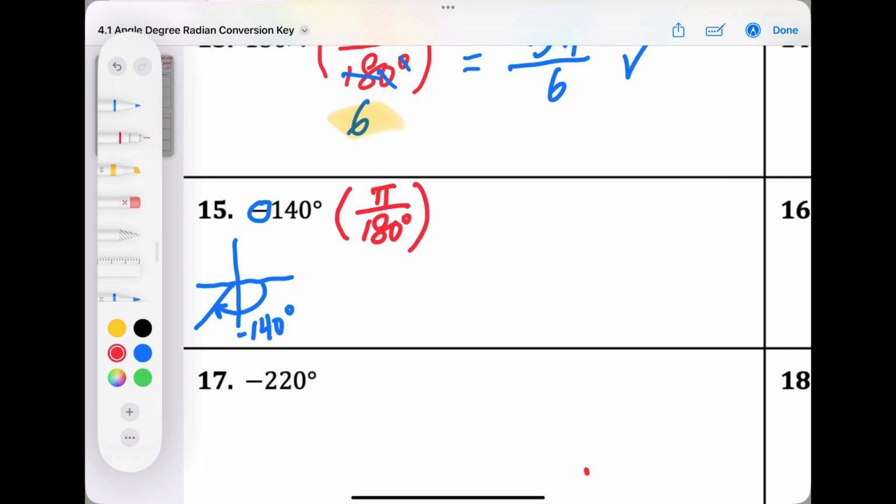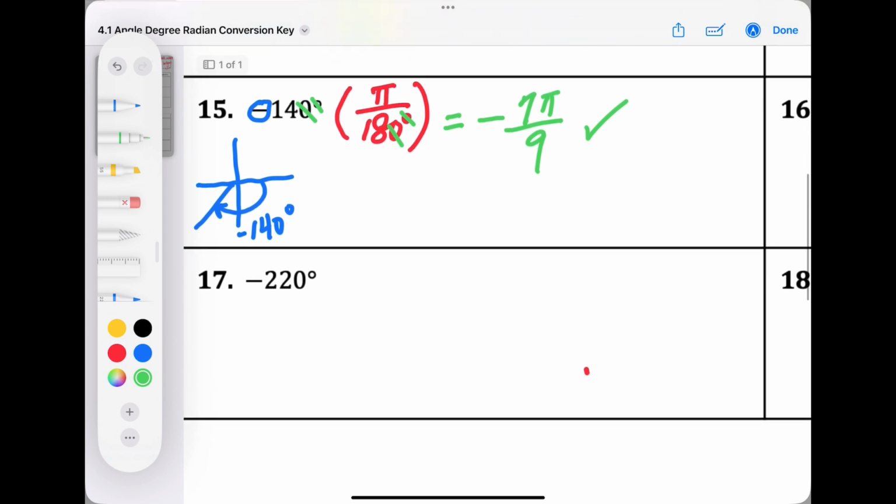Why? Because you know that once we do the housekeeping, degree cancel out and 0 cancel out, right? So when you do this housekeeping, you know that negative just tells me the angle going to the opposite direction. And when I do the housekeeping, I shall get 7 pi over 9. That's my final answer. And yes, indeed, you are correct.